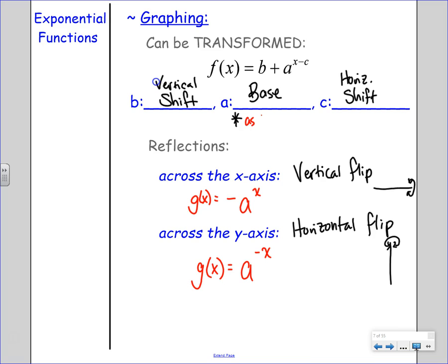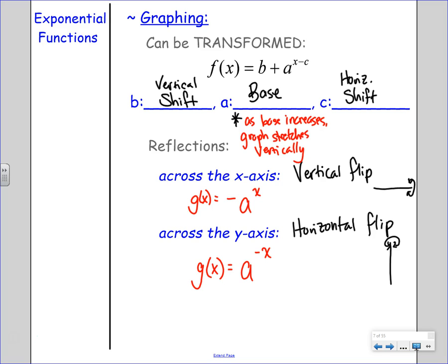As the base increases, the graph stretches vertically. So this is kind of why I didn't do a dilation, because if they wanted it to be steeper, they probably would just have a higher base. Or if they want it to be less steep, they'd probably just have a lower base.